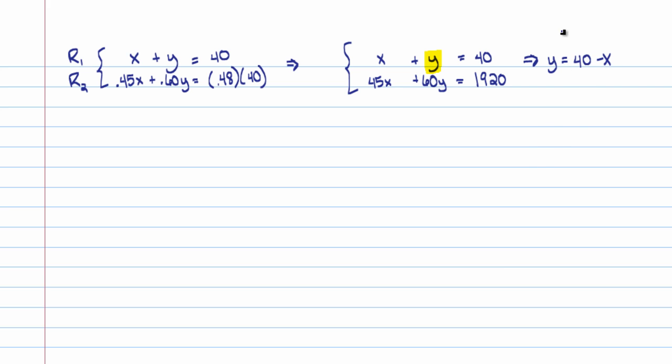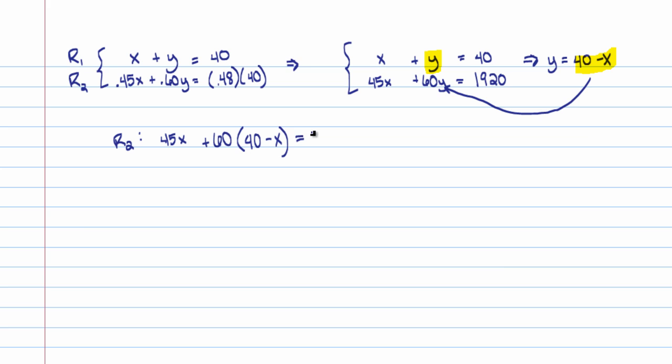Now that I know what y is, I will take that value of y, which is 40 minus x, and I'll plug it in to y in the other equation. So my row 2, my second equation, now becomes 45x plus 60 times y, which we now know is 40 minus x.